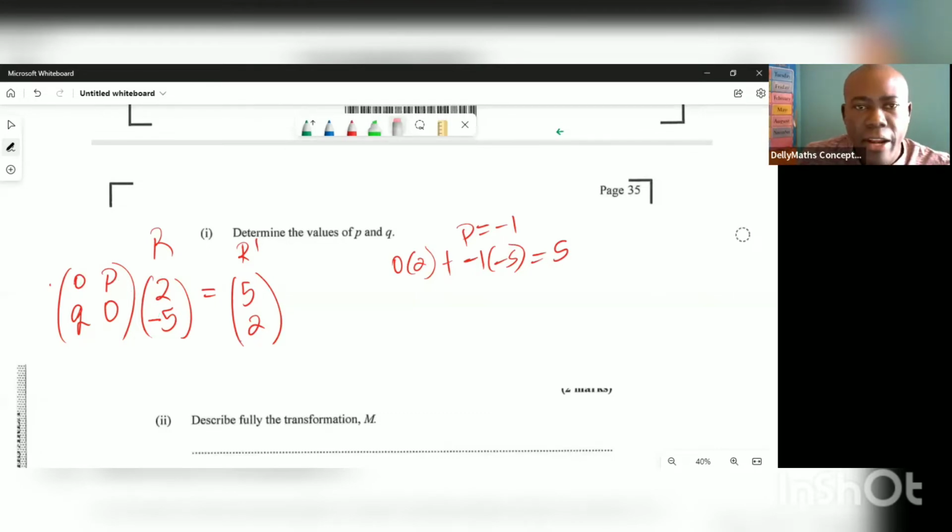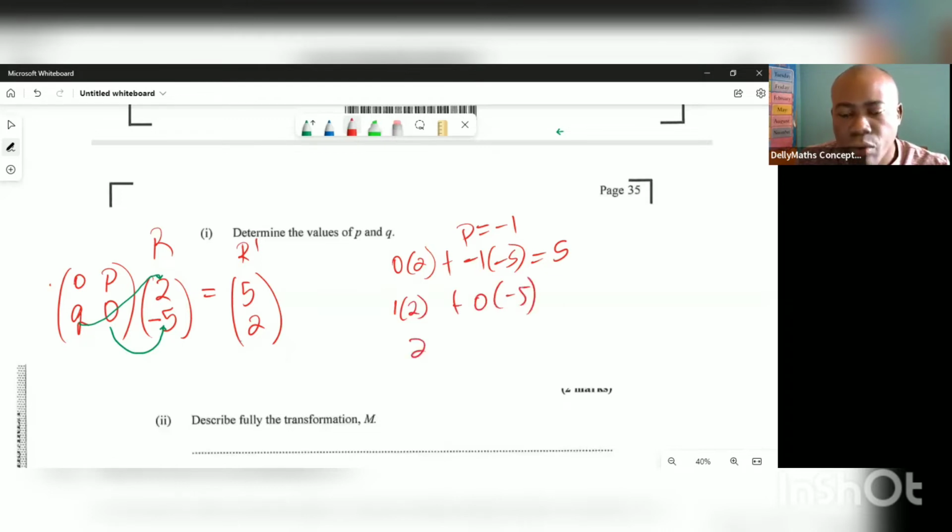Then we went further and we're looking at the Q times 2 here and the 0 times -5. The Q times the 2 must give 2. I really need 2, so it's going to be 1 times 2, which is 2, plus 0 times -5, so this is 2 plus 0.